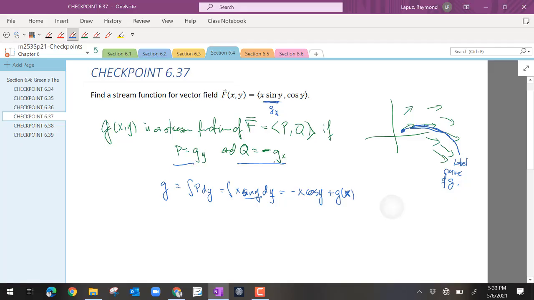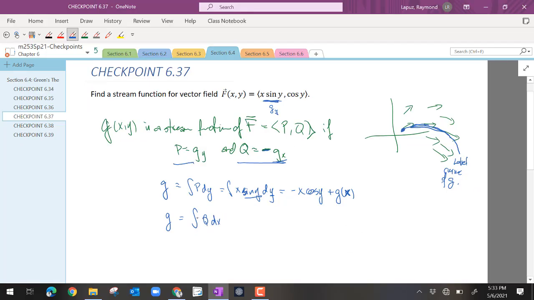All right. Similarly, we're going to say our g is also equal to the integral of Q with respect to x, but there's a negative in front of that, so let's incorporate that negative sign as well. So we're going to look at the integral of a negative, and this is the Q function, cosine y, dx.